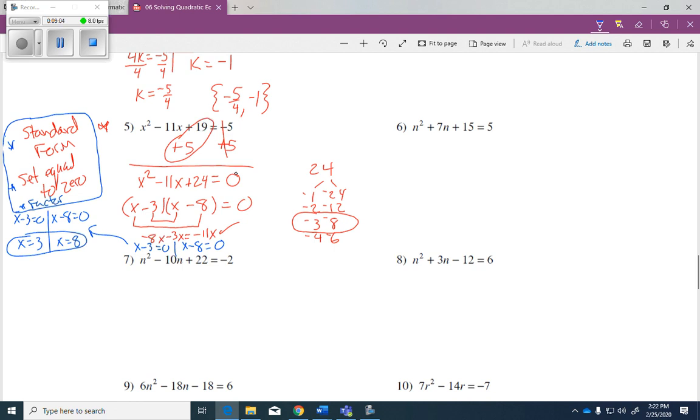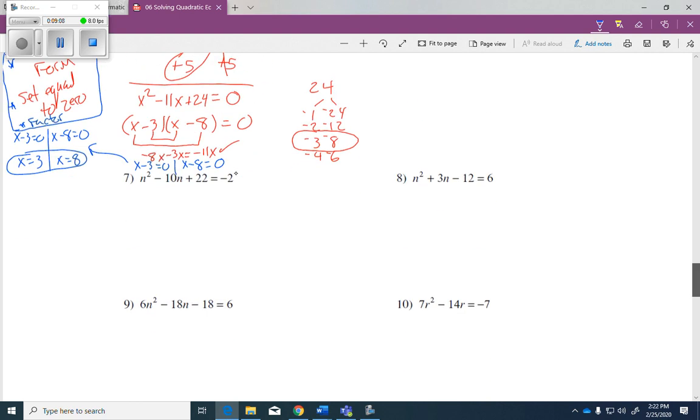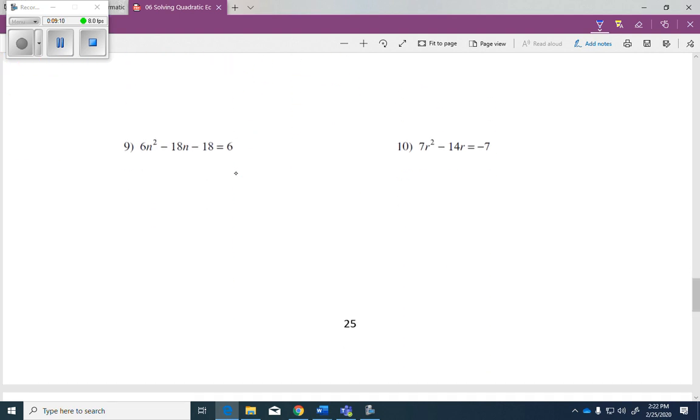So let's take a look at number 9. And this is going to be the last problem we do. So let's get it set equal to 0 by combining these like terms. I'm getting it in standard form.